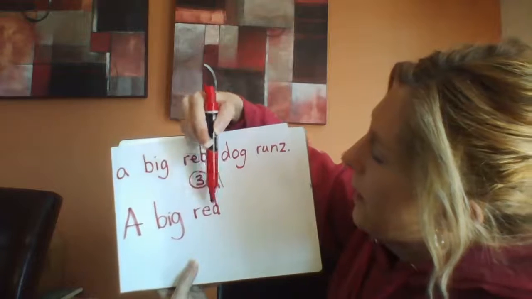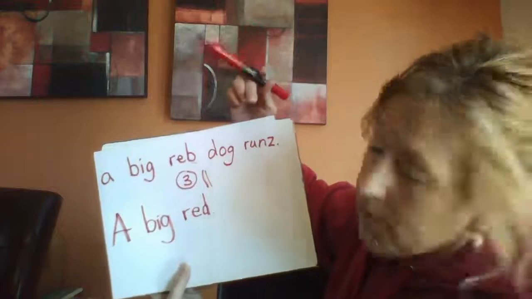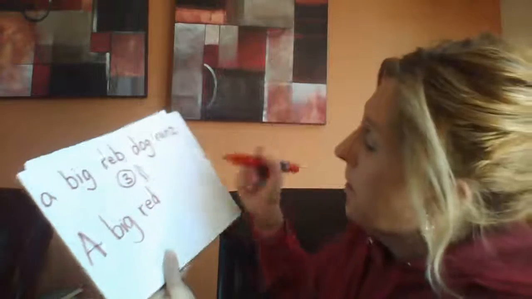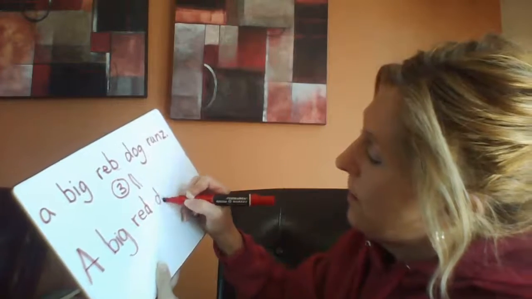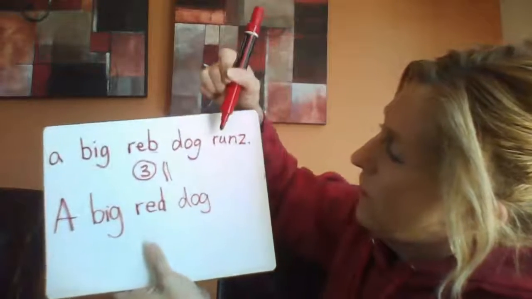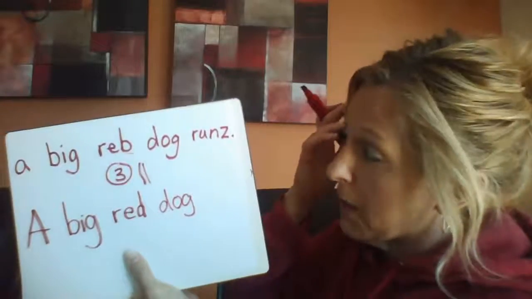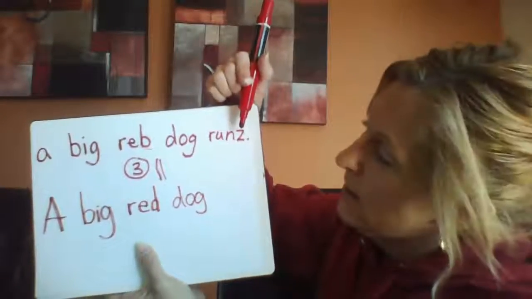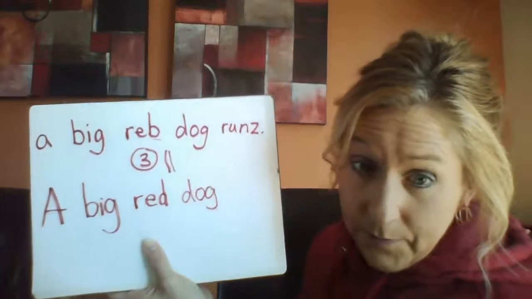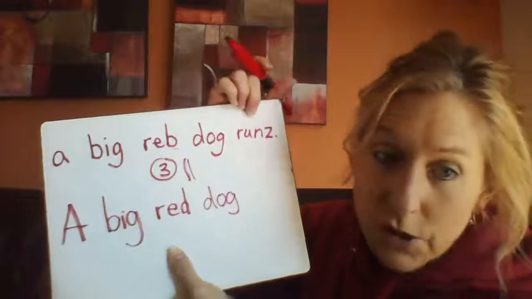A big red dog. Is there anything wrong with that? I don't think so. So we can just go ahead and copy it. A big red dog. What about this one? Runs. Boy, it sure sounds like it's going to end in Z, doesn't it? Runs. But do you remember what letter goes at the end of those action words?